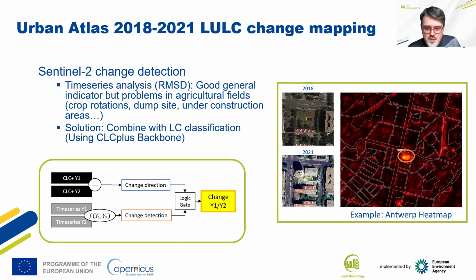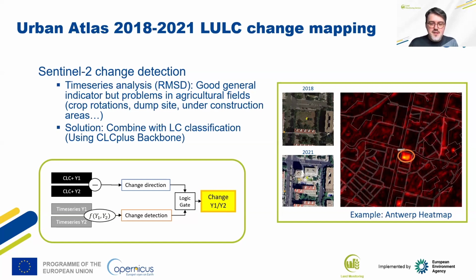So our solution is to combine a time series indicator with land cover classification. For that, we use CLC+ Backbone, which is a 10-meter land cover product updated every 3 years. We compare year 2 and year 1 classes to derive a change detection, that is, what changed into what.